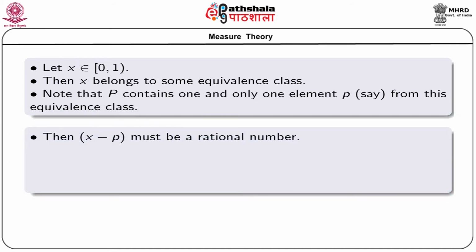This means that x and p both belong to the same equivalence class, and consequently the difference x minus p must be a rational number. Now, if x is greater than p, then we can write x as p plus x minus p, where x minus p is a rational number. So, it belongs to P plus dot r_i, where r_i is taken as the rational number x minus p.